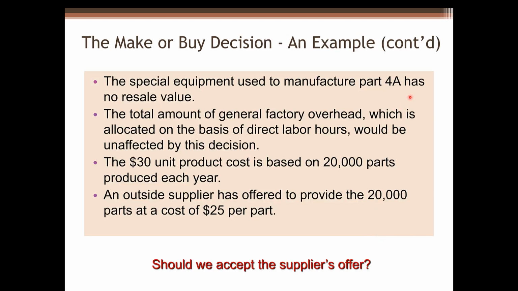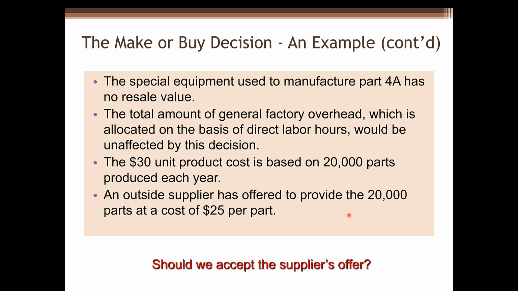Additional information. The special equipment used to manufacture Part 4A has no resale value. The total amount of general factory overhead, which is allocated on the basis of direct labor hours, would be unaffected by this decision. The $30 unit product cost is based on 20,000 parts produced each year.